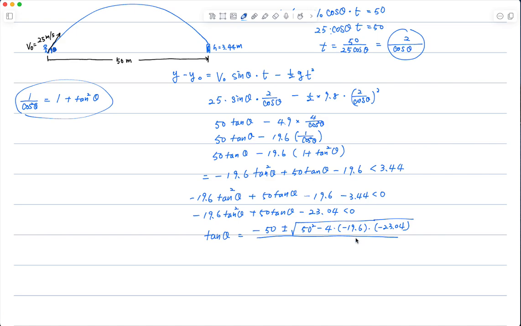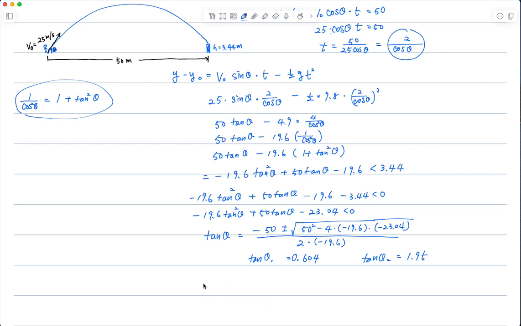over 2 times negative 19.6. Solving this, I get tangent theta equals 0.604, or the other value, 1.95.